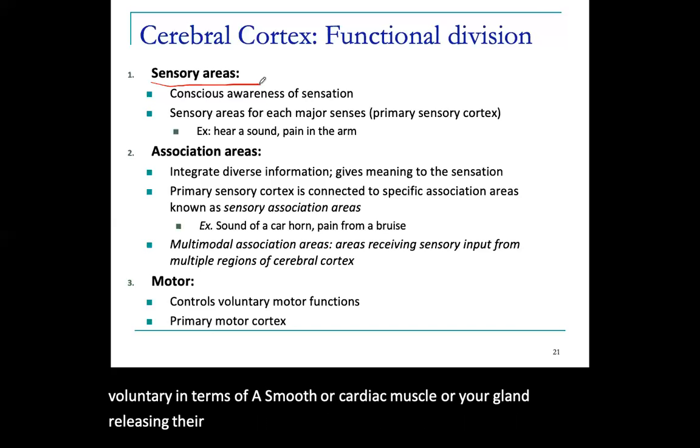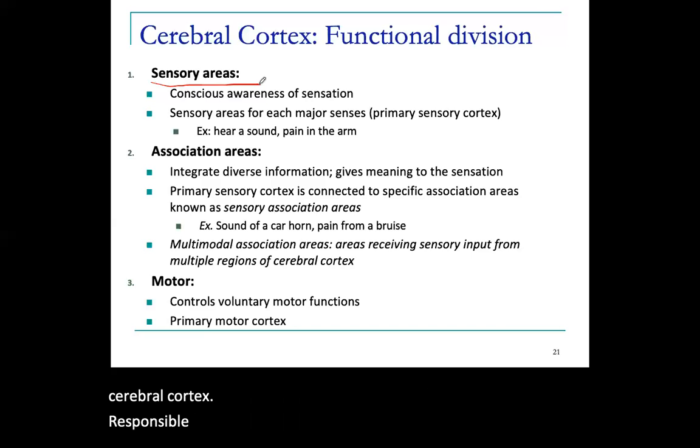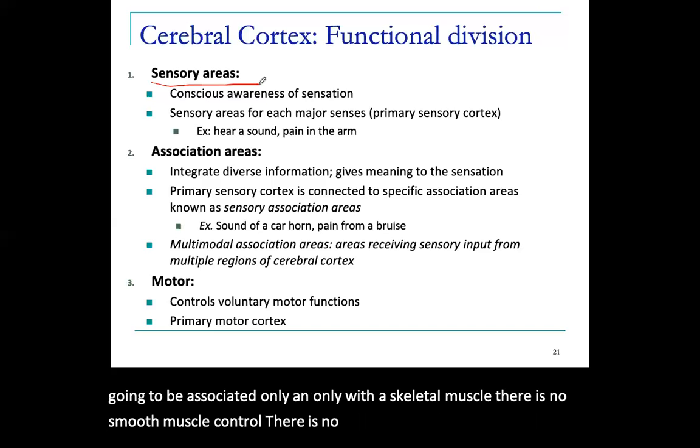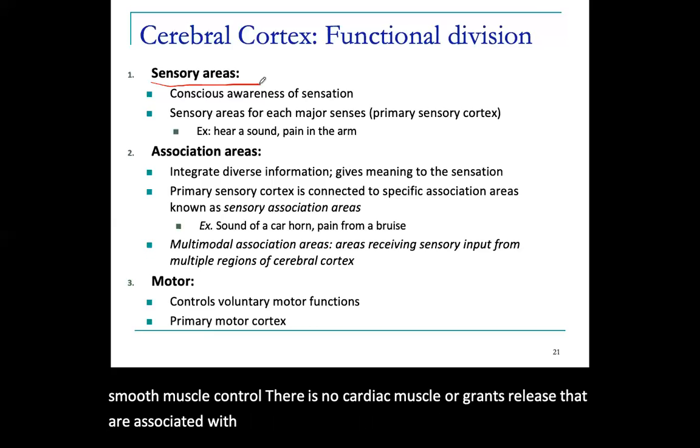In this case, be careful with this, guys. The cerebral cortex will be responsible for voluntary motor functions, which implies that they are associated only with skeletal muscle. There is no smooth muscle control, no cardiac muscle or gland release that is associated with your cerebral cortex.